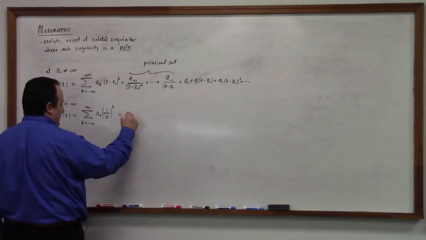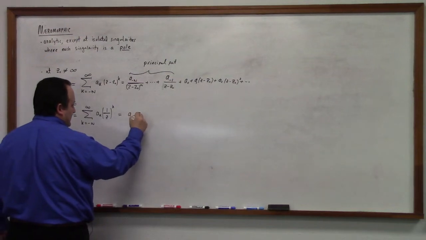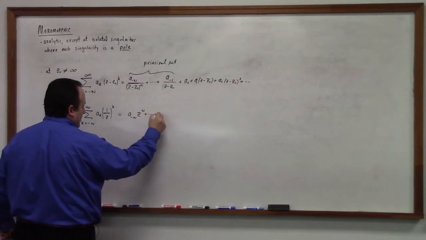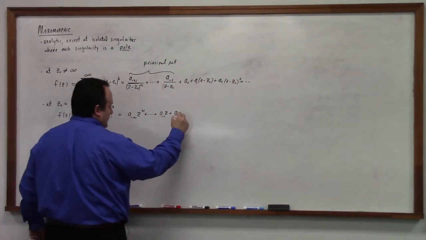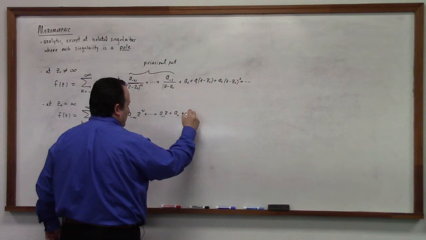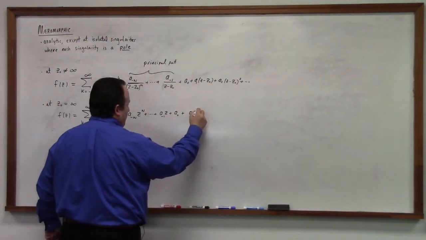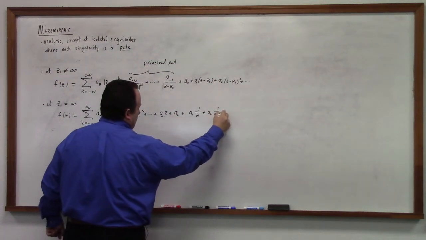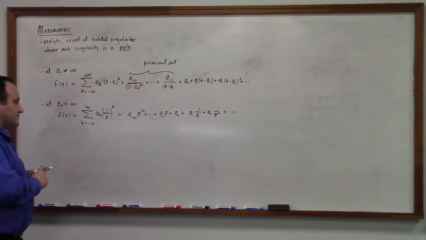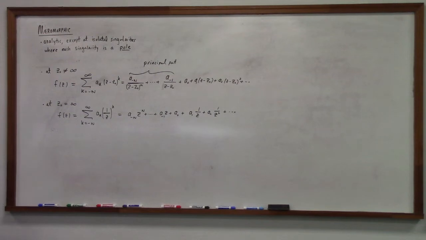If you work this out, you've got a sub minus n z to the n, a sub minus 1 z plus a0, and then a1 times 1 over z, a2 times 1 over z squared, plus dot dot dot. So to have a pole at infinity means that you only have finitely many positive powers of z in the expansion.